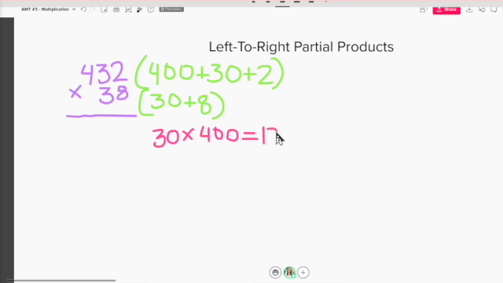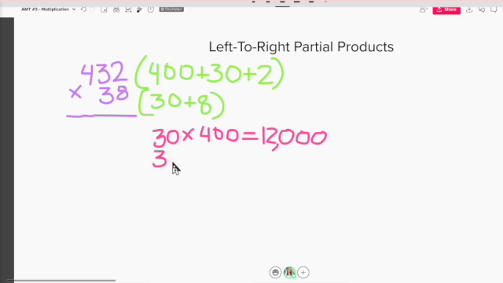However, since it's 3 tens times 4 hundreds, we need to make sure that we have enough zeros. From the hundreds place, we can see that there are 2 zeros. And in the tens place, we have another 0. So 30 times 400 is 12,000.